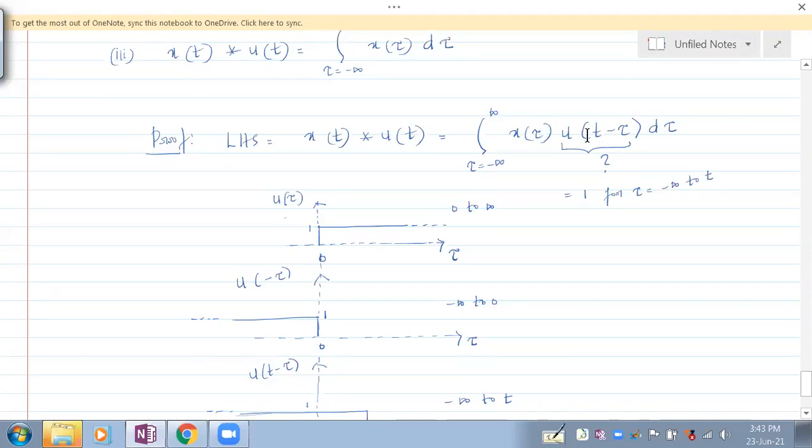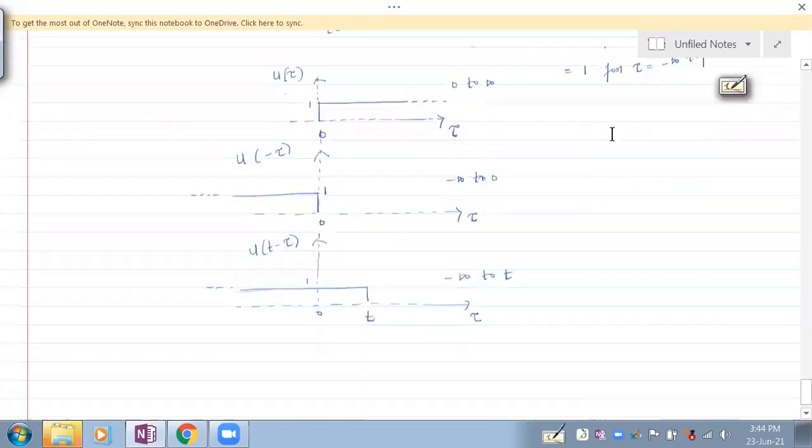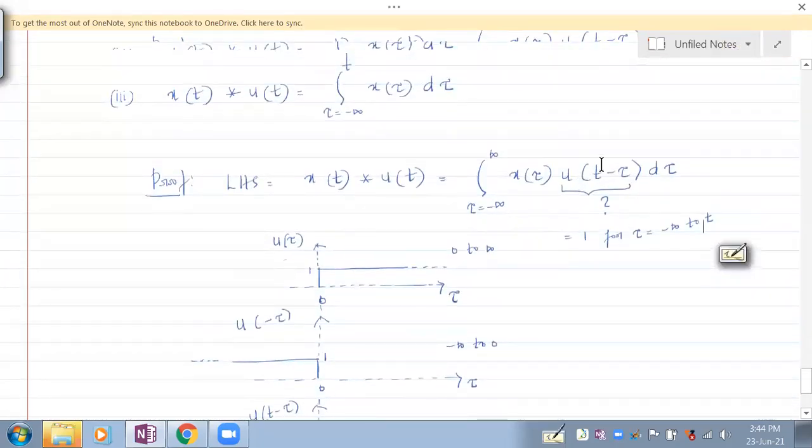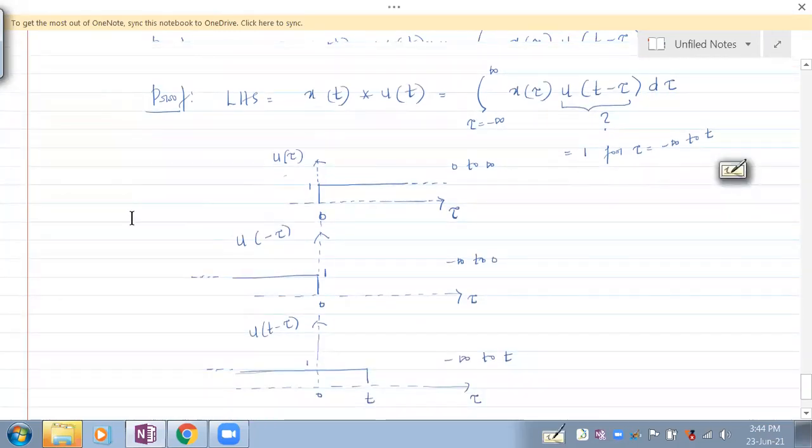So this is 1 from where to where? This is 1 from minus infinity to t. So beyond t, what is this? For tau greater than t, what is it? 0. This is 0 for tau greater than t, and it is 1 for tau from minus infinity to t. So that is what we need to understand here. Let's push this to the right somewhere.